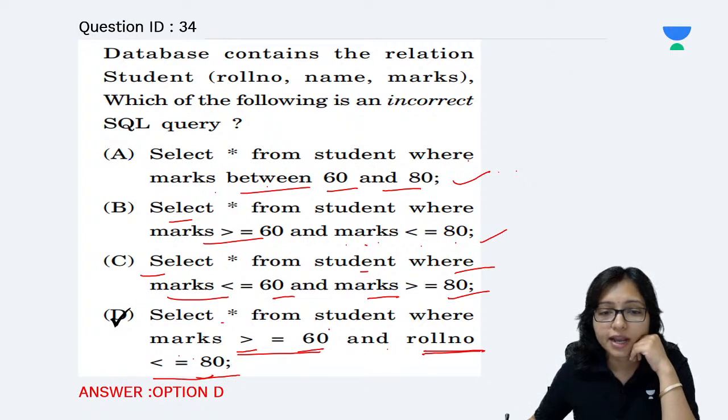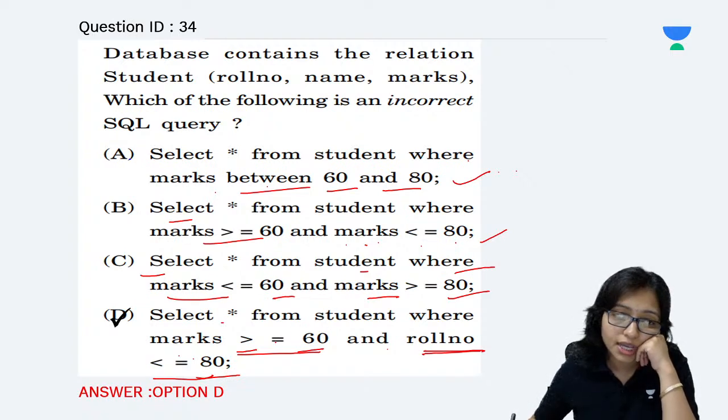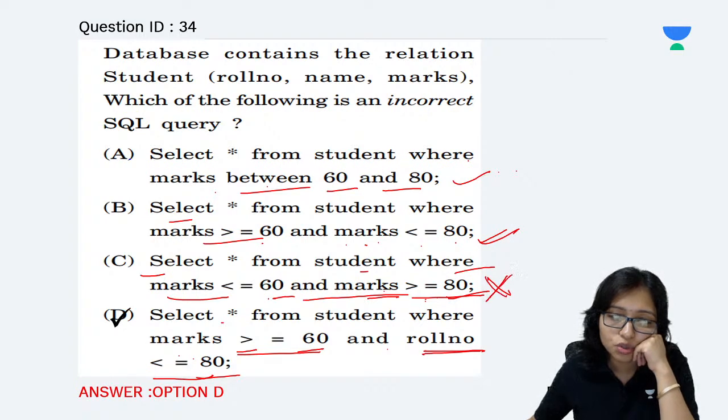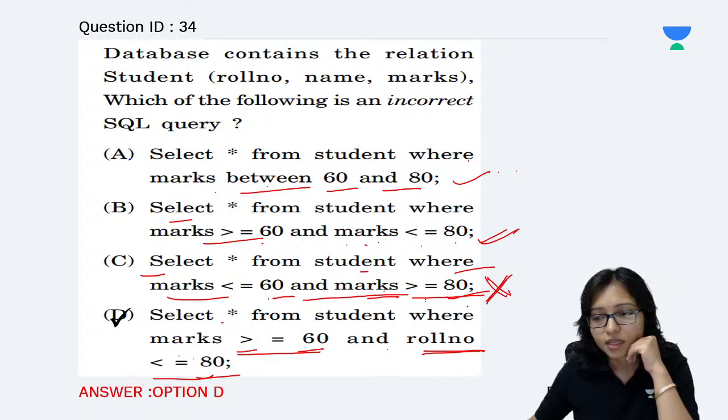See that here also, I think marks less or equals to 60 and marks greater or equals to 80. Here greater or equals to this one is correct. As per me, this one should be wrong.